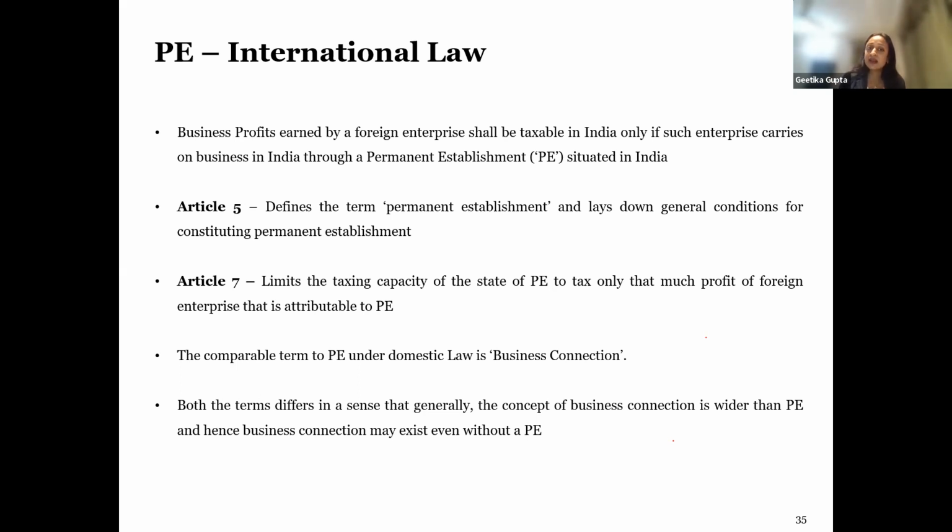And then the second argument is that this should not be taxable because the foreign entity is not having a permanent establishment in India. It is only when the foreign entity will have some sort of presence in India, then it can be construed that a PE is there in India. And if the PE is there in India, then the profits which are attributable to the PE can be taxed in India and nothing more than that.